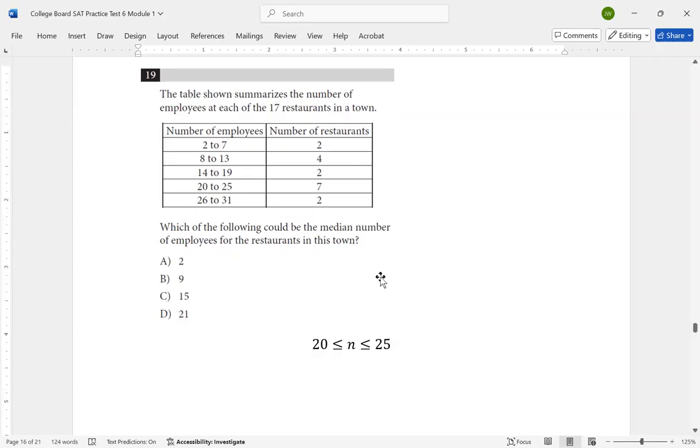We don't know which number it is because we don't know the raw data. Therefore, since we're looking for a number between 20 and 25 to give me my median, that means D is the correct answer. D, which is 21, could be the median.